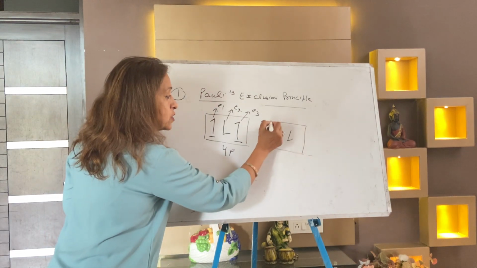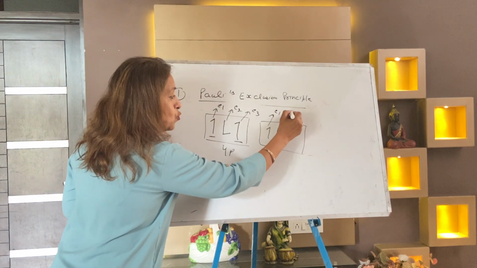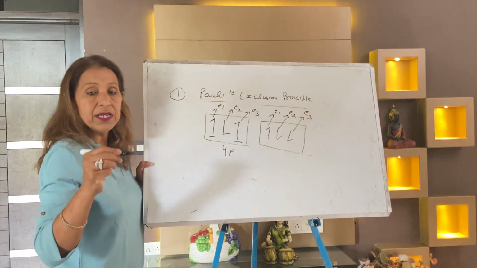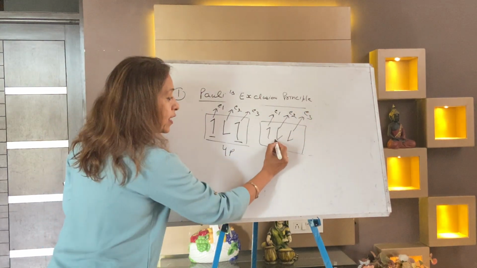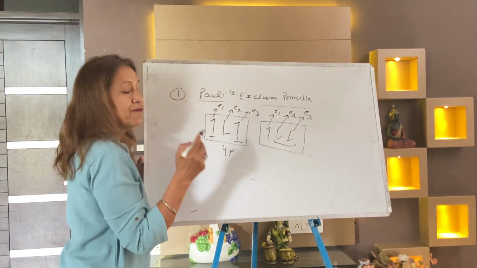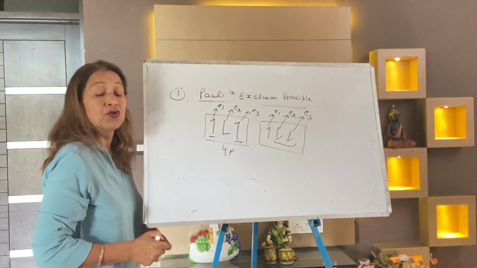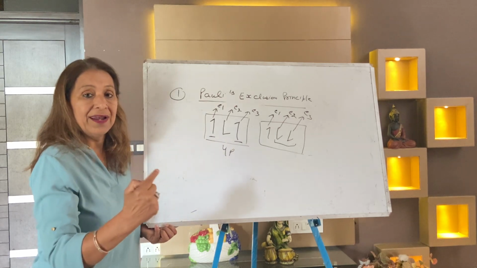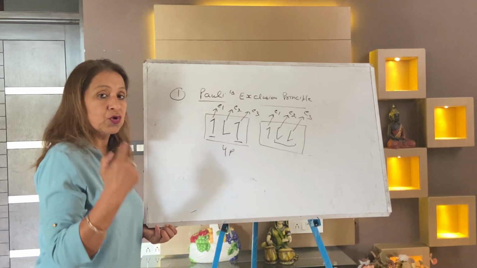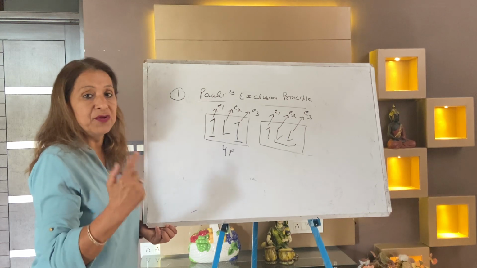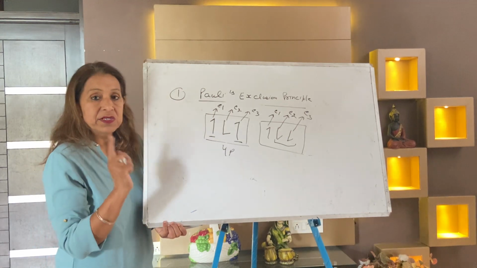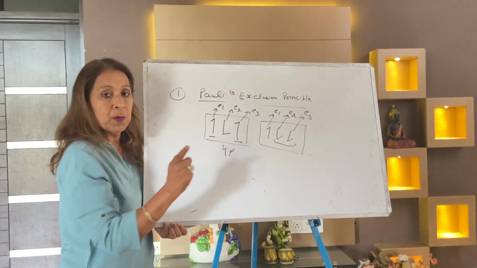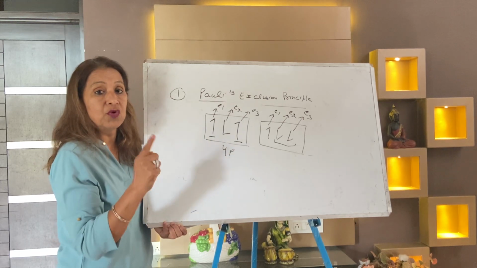This is E1, this is E2, and this is E3. If the 3rd electron is moving anti-clockwise, then the 2nd and 3rd electrons have all the quantum numbers the same. Not at all. Only 3 quantum numbers should be the same, n, l, m. The 4th quantum number, spin, must be different. This is the main reason there should be only 2 electrons in one orbital, not more than 2 at all.